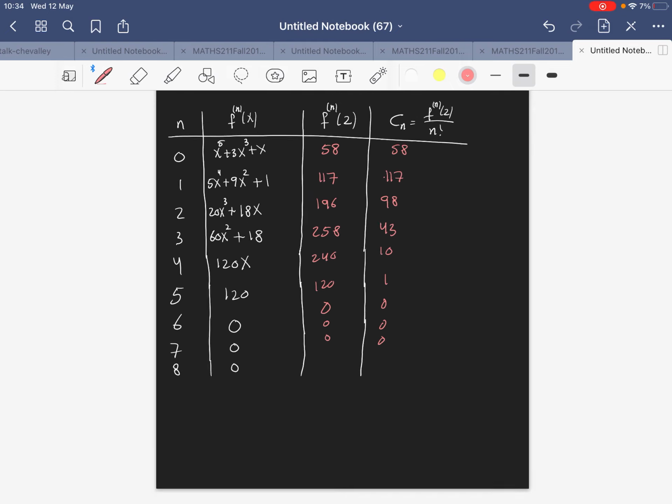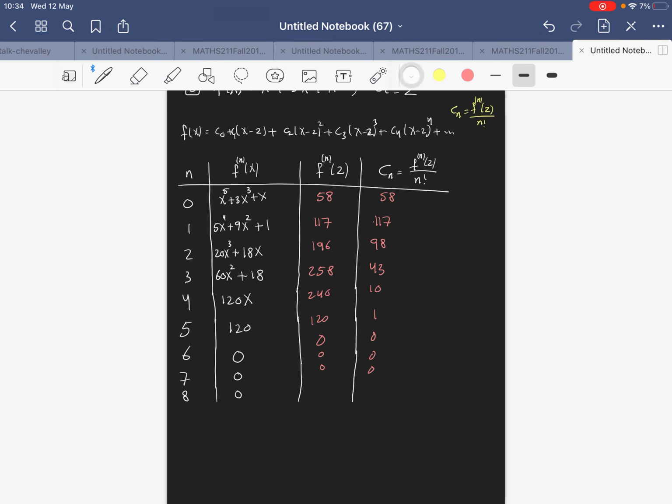So I think everything is straightforward now, and the Taylor series for this one will be 58 plus 117 times (x minus 2) plus 98 times (x minus 2) squared plus 43 times (x minus 2) to the power 3 plus 10 times (x minus 2) to the power 4 plus (x minus 2) to the power 5.